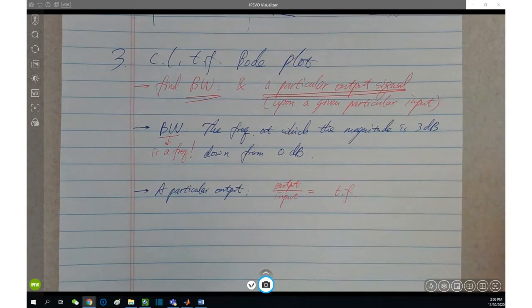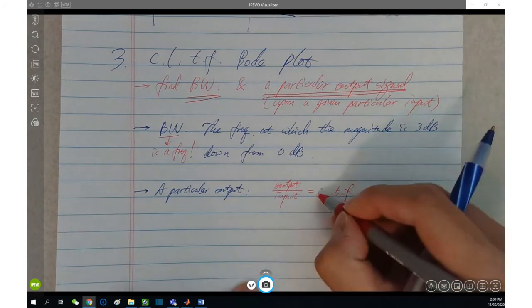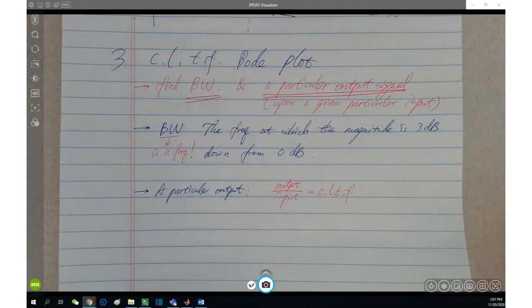Transfer function, right? But be very careful which transfer function. You need to understand this. Which one? Closed loop transfer function. You can't use open loop or any other types of transfer function. It has to be closed loop. This is actually the definition for a system transfer function. When we talk about a system transfer function, we mean nothing but closed loop.